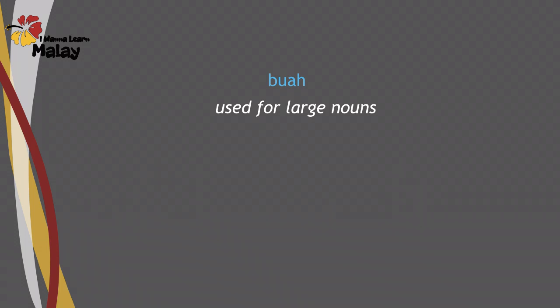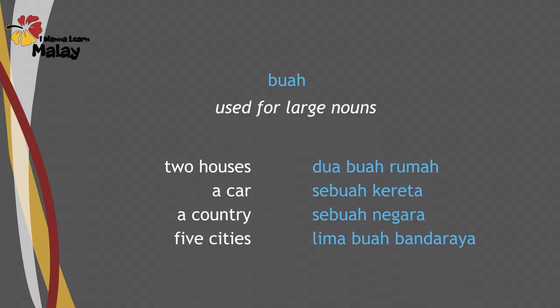Now, buah literally means fruit in Malay, but it's not used as a penjodoh bilangan for fruits. Buah is a penjodoh bilangan used for large items or large objects. For example, houses. So if you want to say 2 houses, it would be 2 buah rumah.